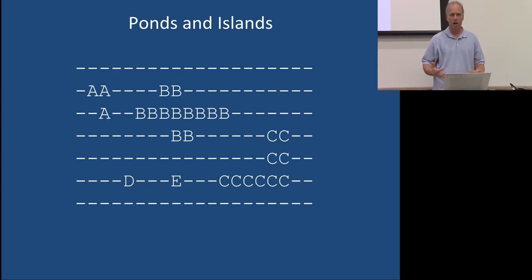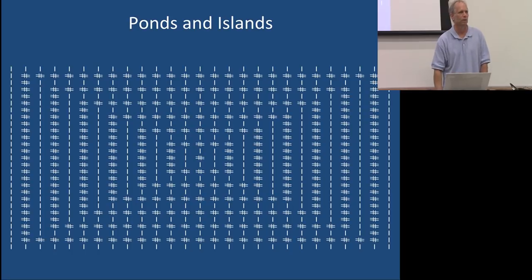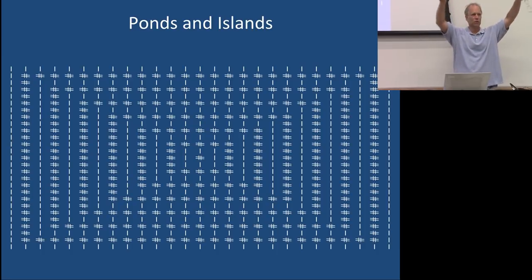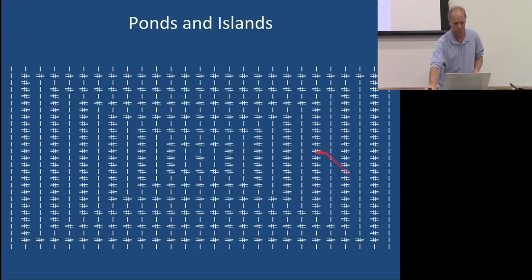And it's, of course, possible for the islands to contain ponds, and the ponds can contain islands. So here's another example. I had to turn it sideways to make it fit. But if you just look at the hash marks, it's a big skinny island that contains a skinny pond, that contains an island that contains a pond, all the way down to the middle where there's a single island.